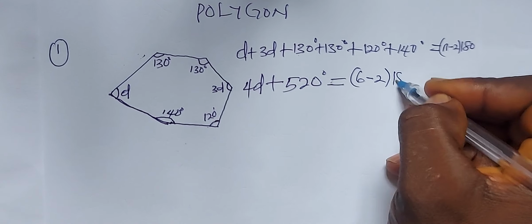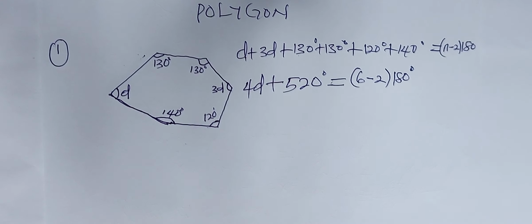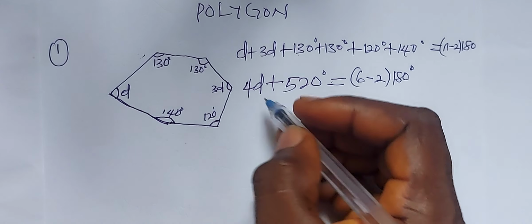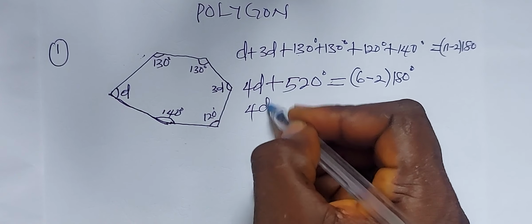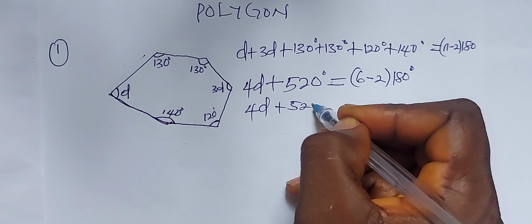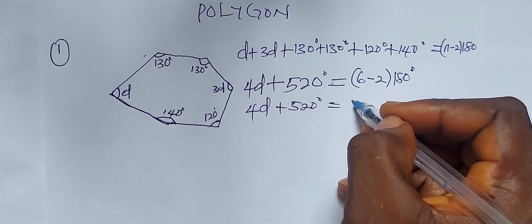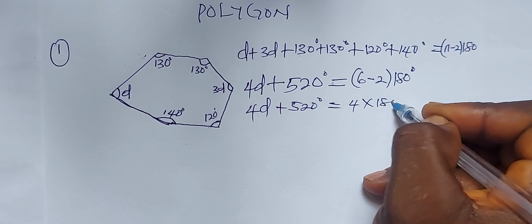Remember that formula, the sum of interior angles of a polygon. Therefore we have 4D plus 520 equals 4 multiplied by 180.